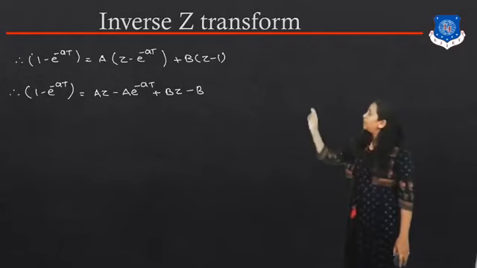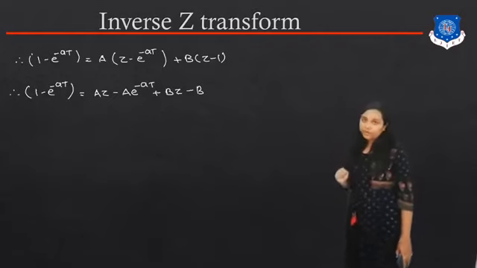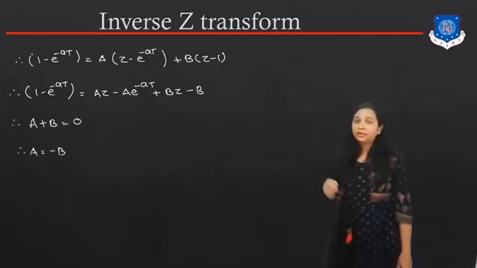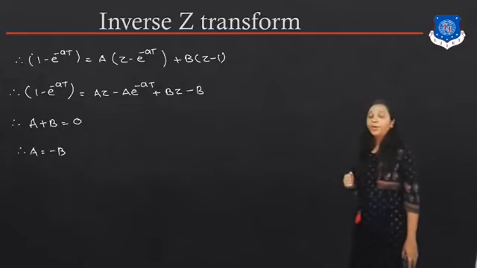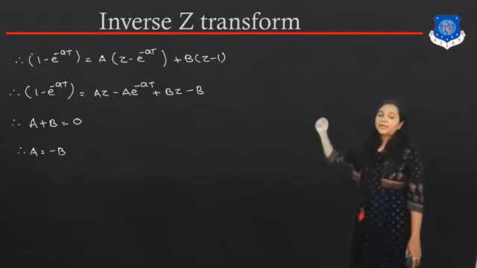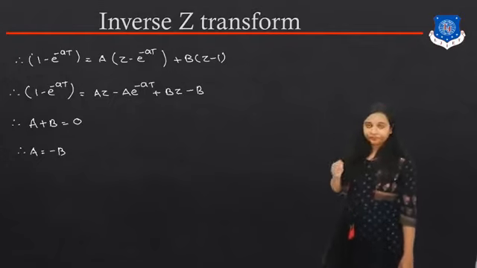Now simply we have to equate the coefficients of z. We get A plus B that is equal to 0, because on the left hand side there is no term with z.